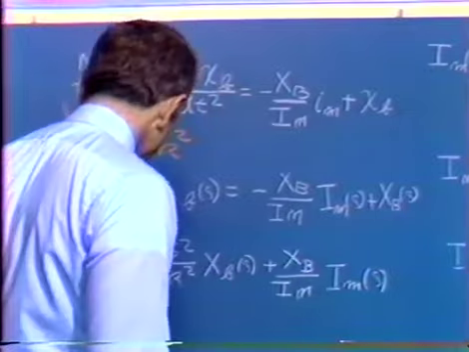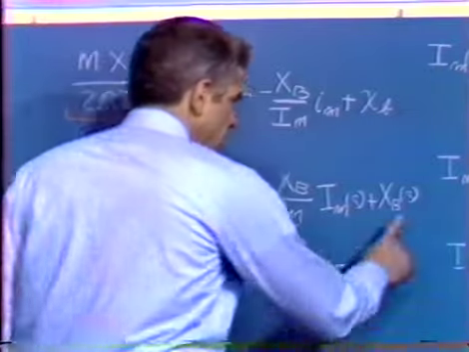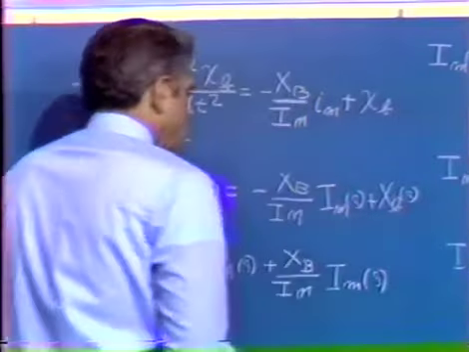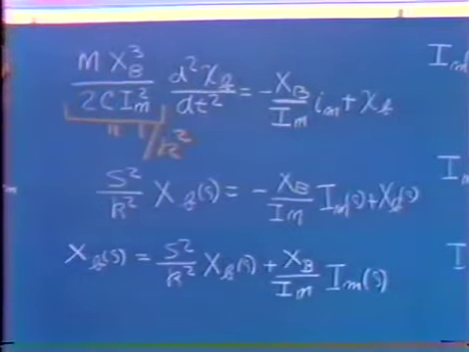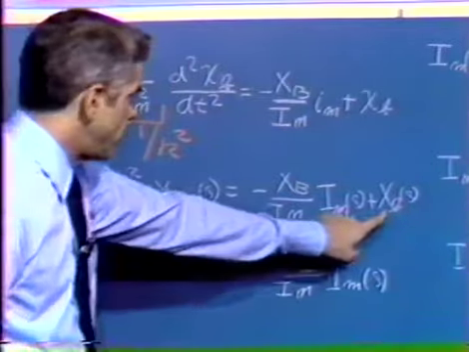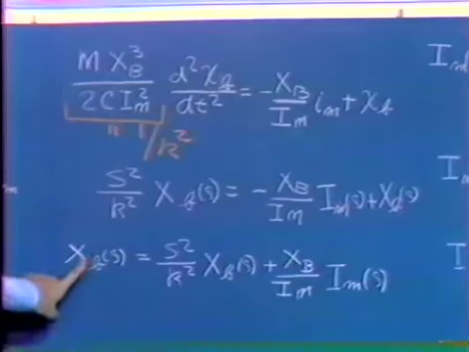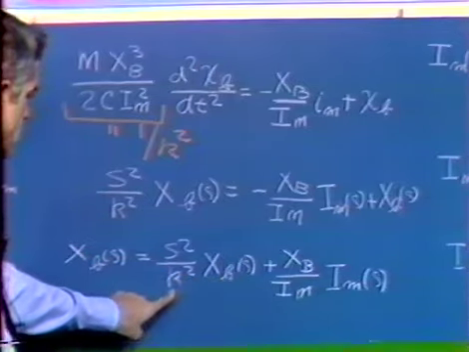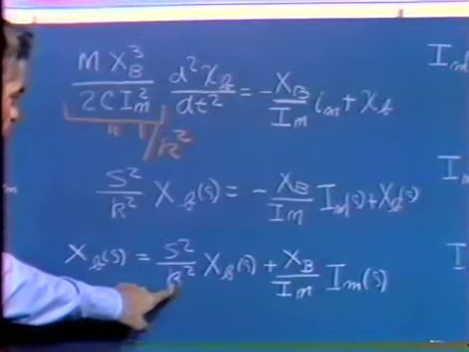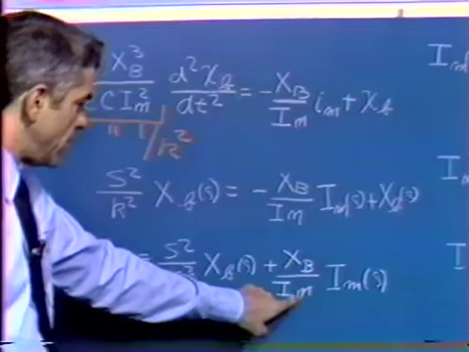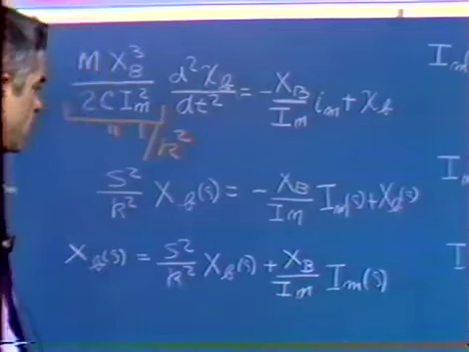And in spite of my attempt to be very careful with this, this should be a lowercase b. We can rearrange that equation, simply solve for x sub b of s. We get x sub b of s then being related to its second derivative multiplied by an appropriate coefficient plus x sub b over I sub m times I sub m of s.